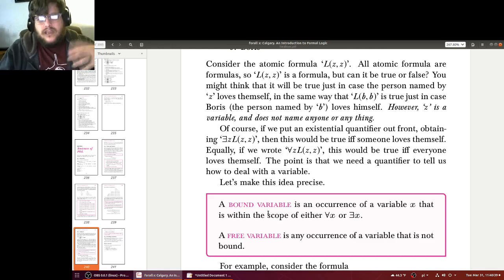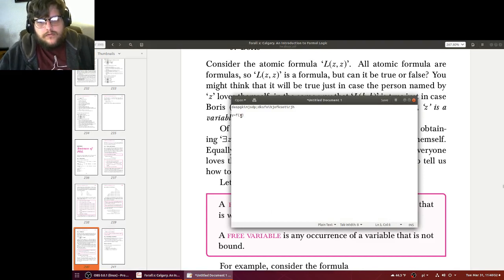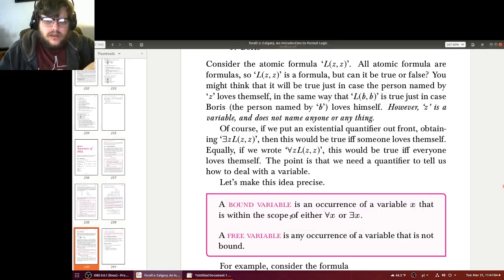Or, even in Calculus 1, y equals f of x. You think of the x in that expression as sort of a free variable. It's allowed to range over any values. But the y is not free. It's depending on something. It's a dependent variable. That's a loose analogy for what we're talking about here.